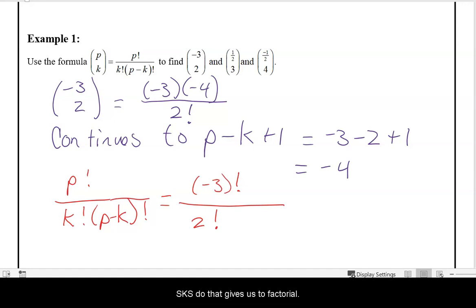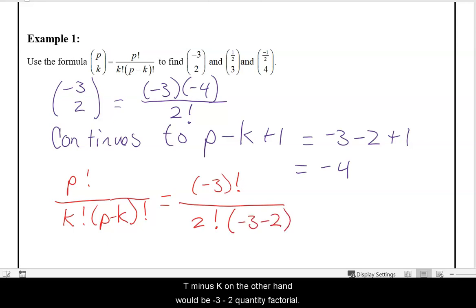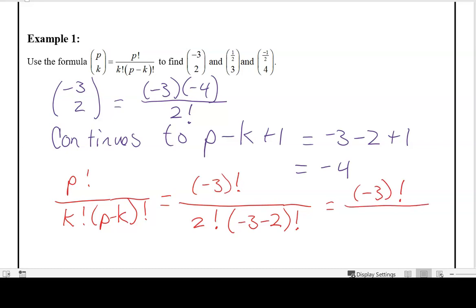Since k is 2, that gives us 2 factorial. P minus k, on the other hand, would be -3 minus 2, quantity factorial. Using our knowledge of what factorials do, remember that factorials will take the number and multiply it by each number in front of it. In other words, by subtracting 1 each time.